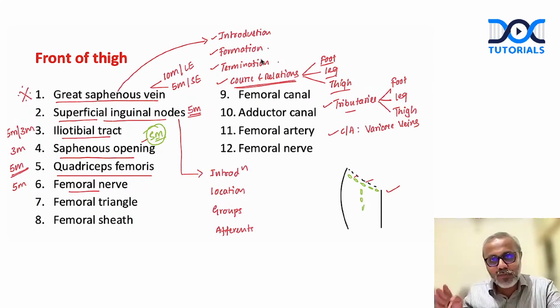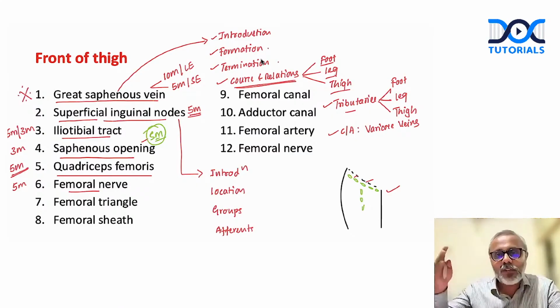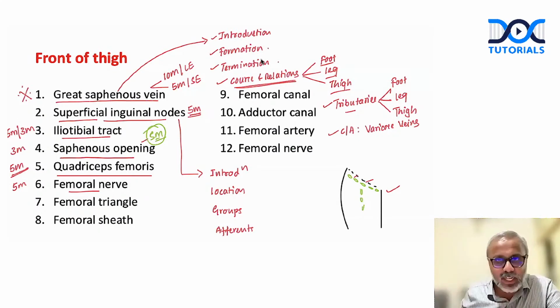Femoral nerve is the chief nerve of the thigh. One line of introduction, then formation. How is the femoral nerve formed? It is formed by the dorsal division of the ventral primary rami of L2, L3, L4. Termination. Femoral nerve terminates by dividing into anterior division and posterior division.